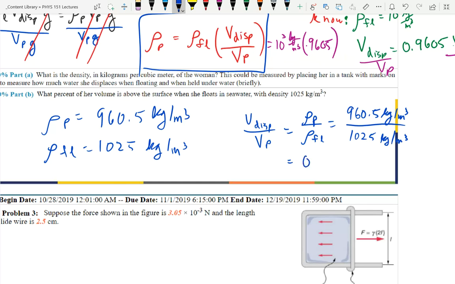0.937. Okay, so that's the ratio. The question asks what percentage is above water? So take that, subtract it from 1. Right. 1 minus this gives me the amount that's above.